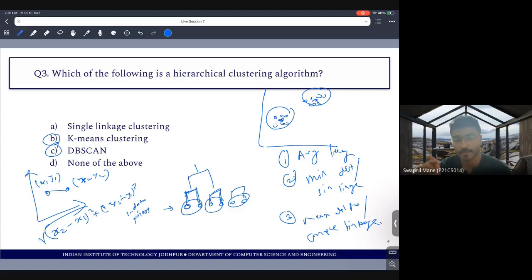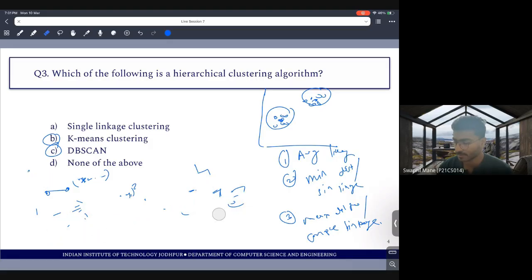Minimum is also called single linkage, and maximum is complete linkage. I will explain here. If you are not understanding or are confused at any point, please let me know.